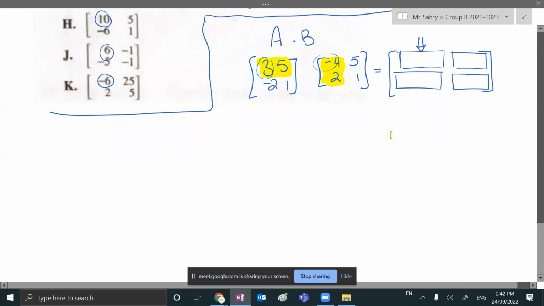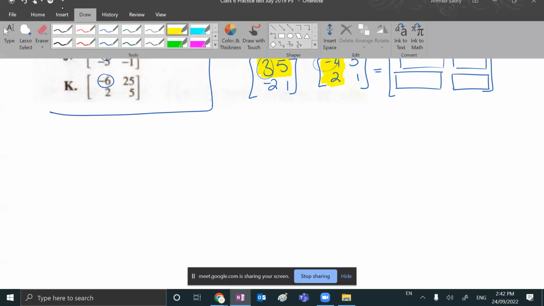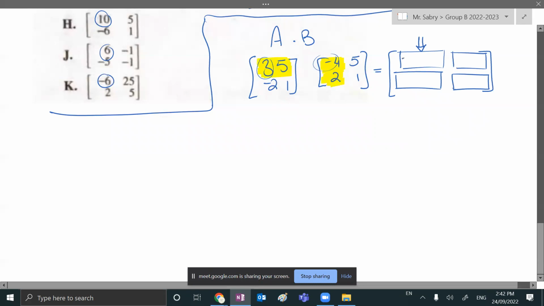If you'd like to get the upper left, then you take the upper row from the first matrix and multiply it by the left column in the second matrix. It becomes 3 multiplied by negative 4, this number multiplied by that one, plus this number multiplied by that one, 5 multiplied by 2.